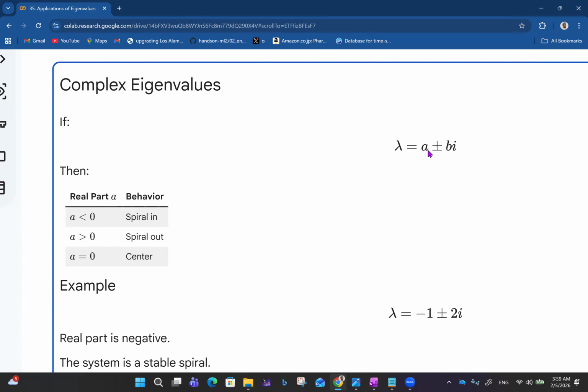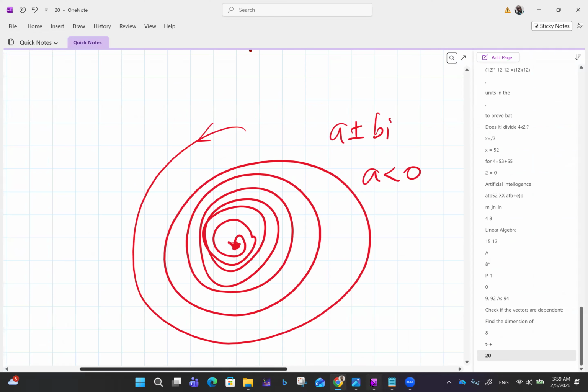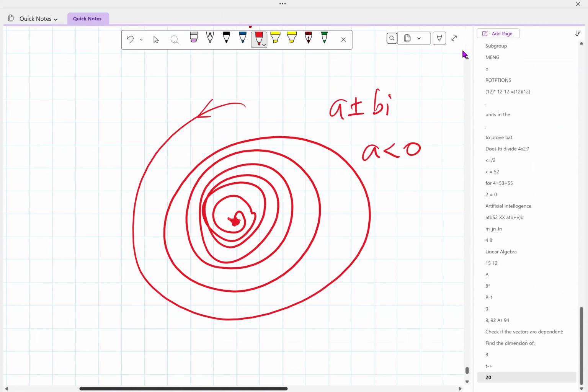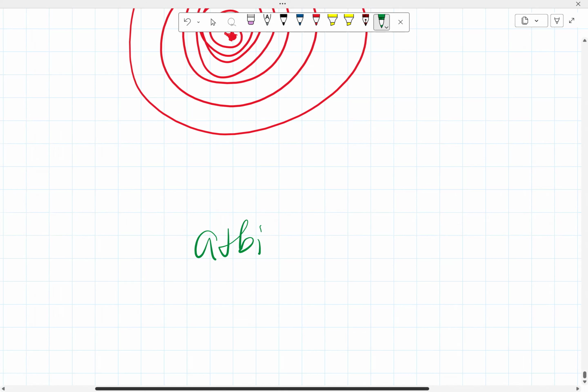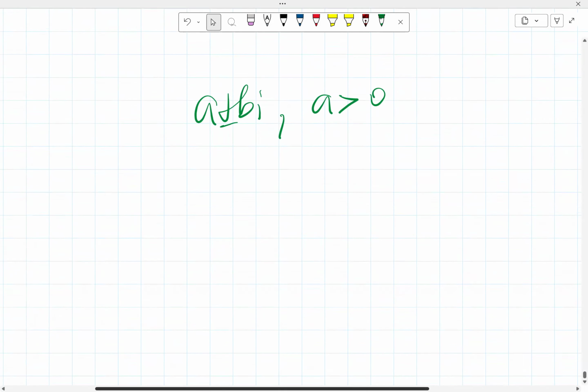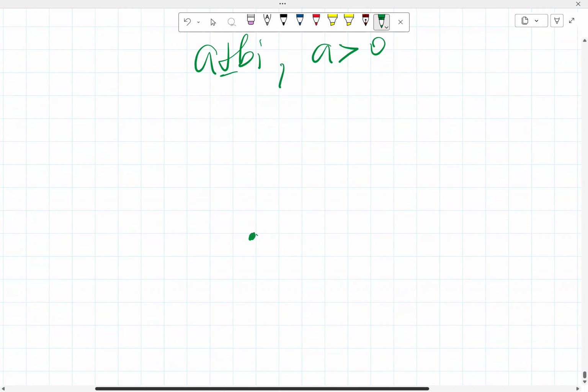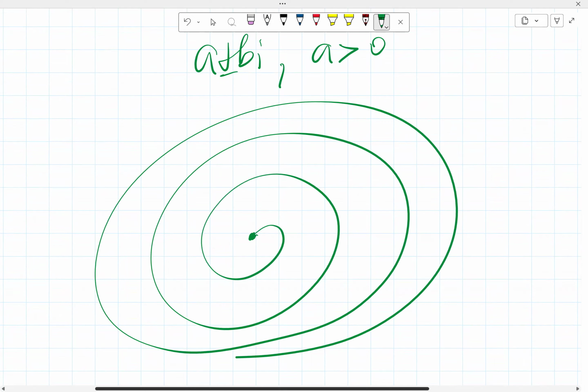Then if a is greater than 0, then it spirals out. What spirals out means is the opposite of spiral in. So in this case, you have a plus or minus bi, and a is greater than 0. See what's happening? You have this point here, and this one is spiraling out, meaning out of this place you have something growing out like this.